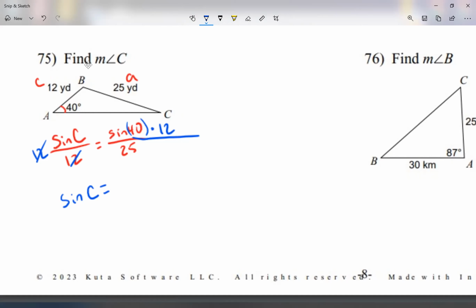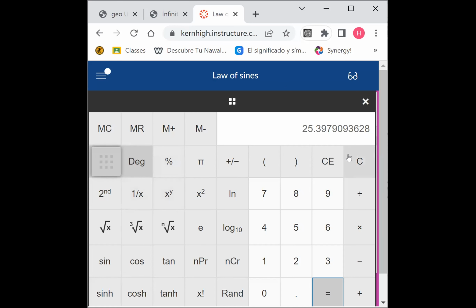I remember what I have to type, so let me clear this out. So sine of 40, close parentheses, times 12 divided by 25. Oh, I put an equal sign in there. Okay, so let me type this again.